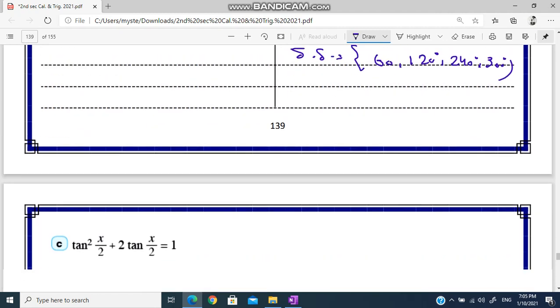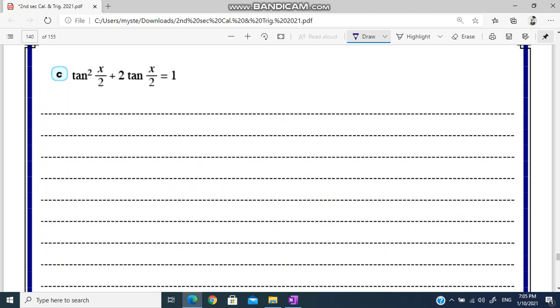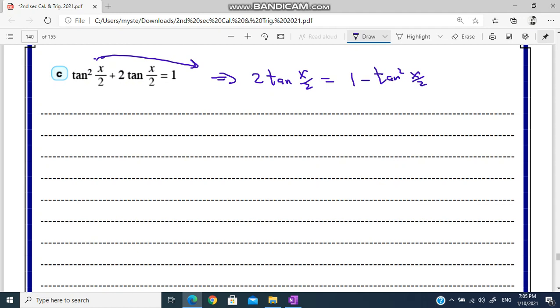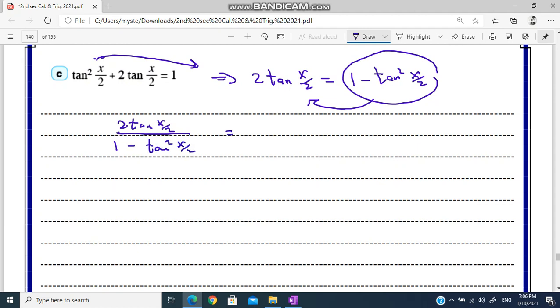Another example, tan² x/2 plus 2 tan x/2 equals 1. So take tan² x/2 to the other side, so 2 tan x/2 equals 1 minus tan² x/2. By dividing this side, it will be 2 tan x/2 over 1 minus tan² x/2 equals 1.